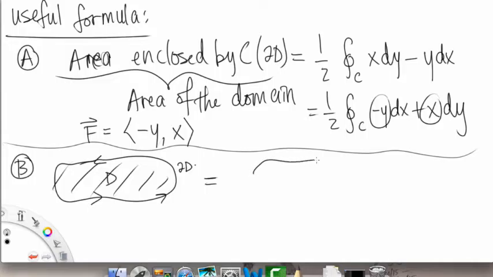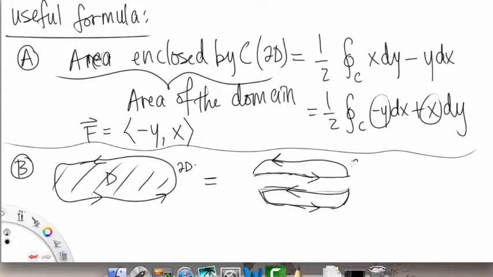Let's say you chopped it in half for some reason. Now we have two separate curves, but they're still closed curves, and we're still going counterclockwise around like this, and the same thing here, counterclockwise.